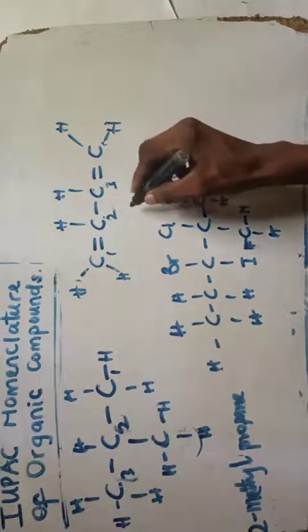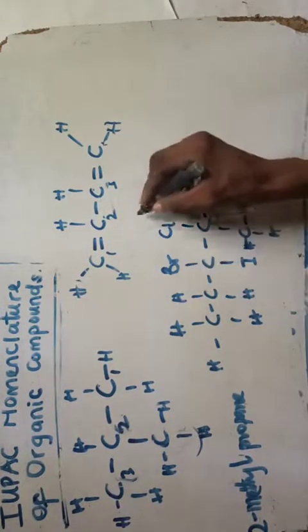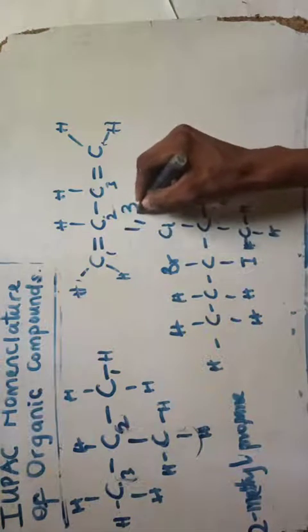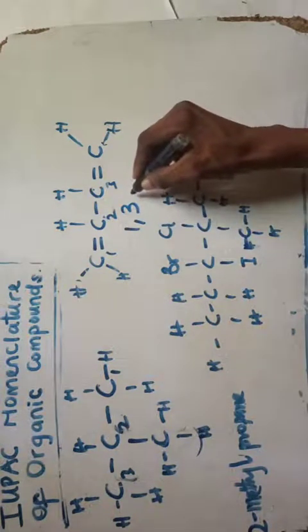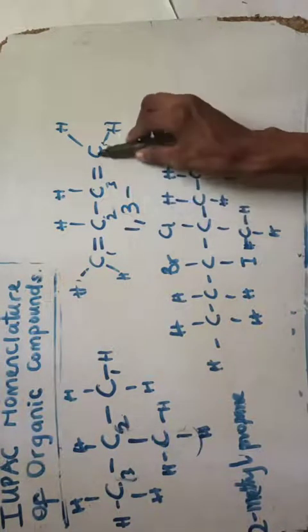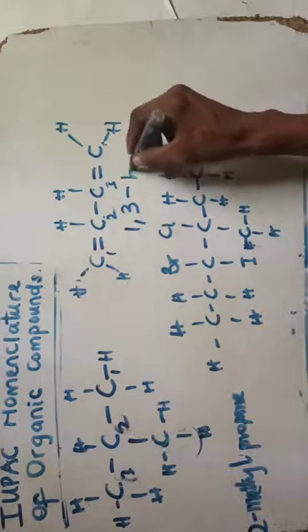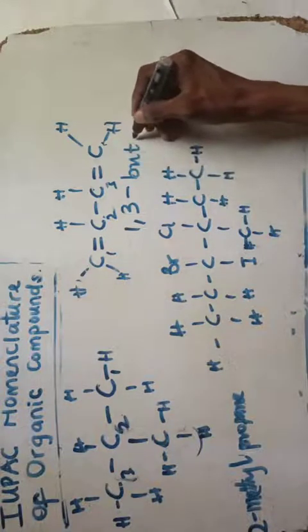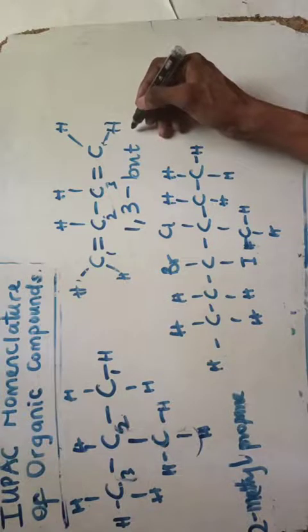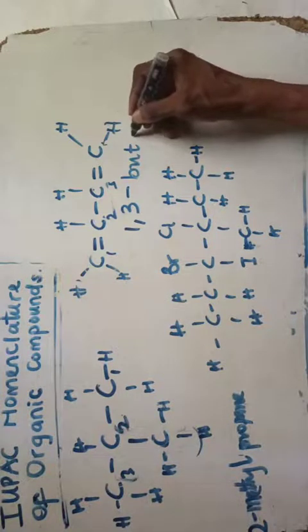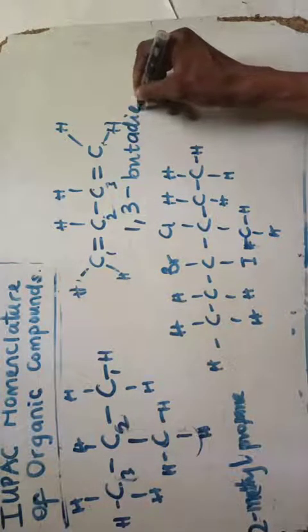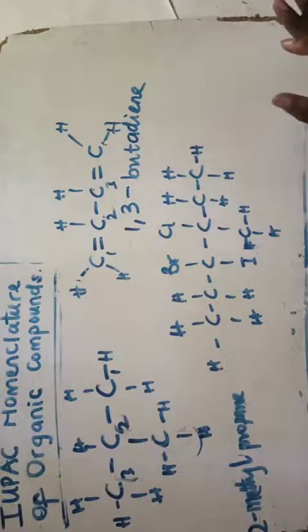So you can name it 1, 3, that is 1, 2, 3, 4, butadiene. Okay?